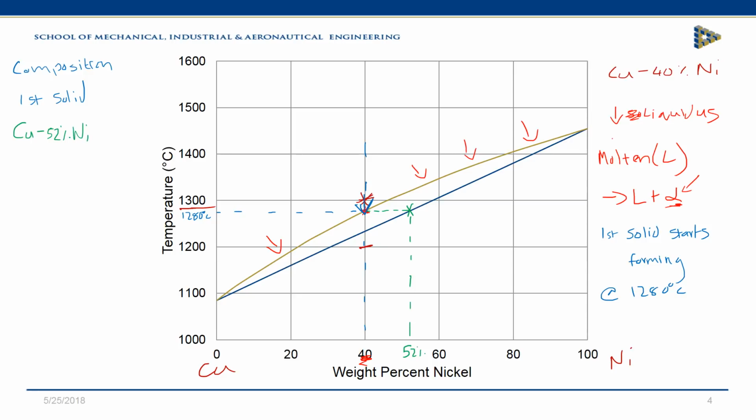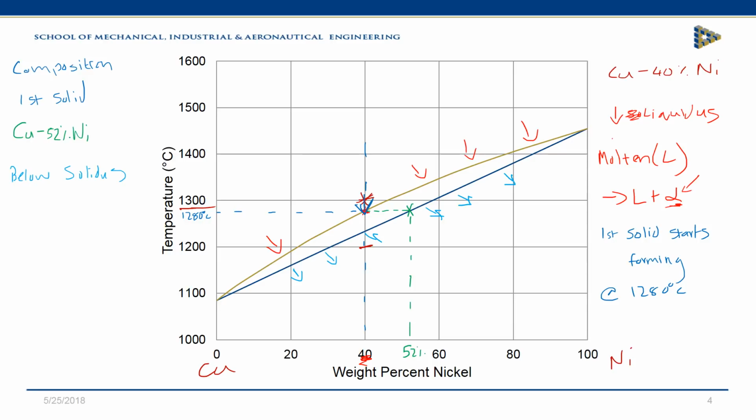Right, pretty simple. So now I can also say, what is the composition of the last liquid to solidify? So now I'm saying, okay, pretty much all of the liquid is solidified. There's only a little bit left. What is that composition? So I need to say, below my solidus line, anything below this line here, I'm going to have solid.